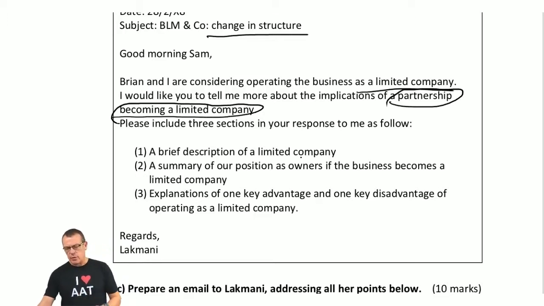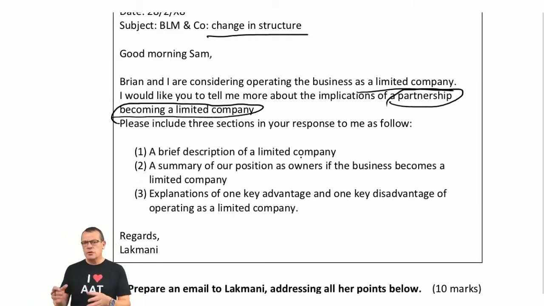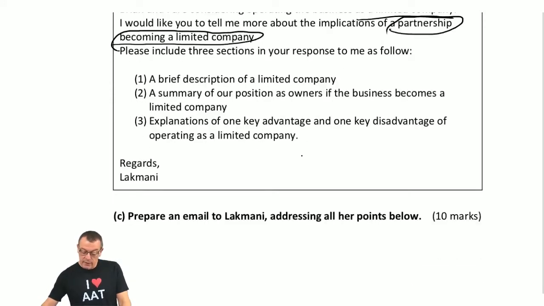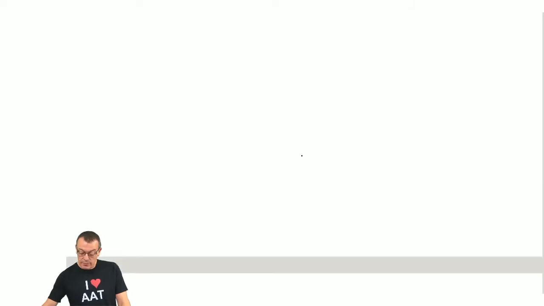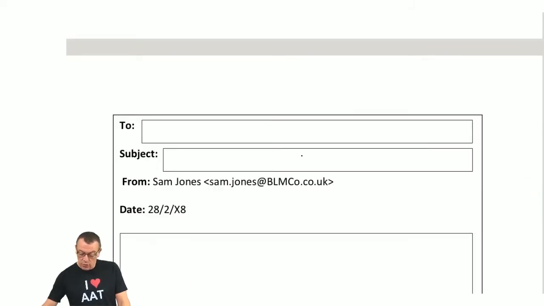So this part of the question, as the learning outcomes quite rightly showed us at the start, is being drawn from the final accounts prep unit that you've covered already. And it's going to be in the form of an email where you need to address all the points below. So you'll be given a blank email and asked to populate this email as you go along.